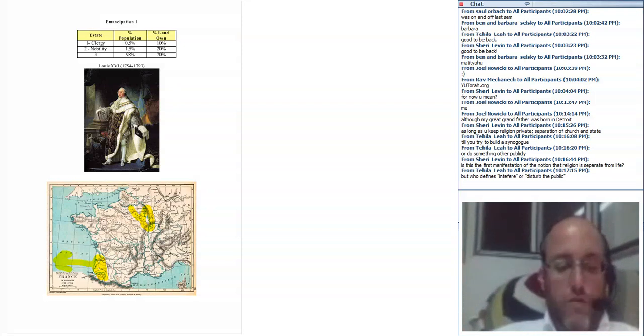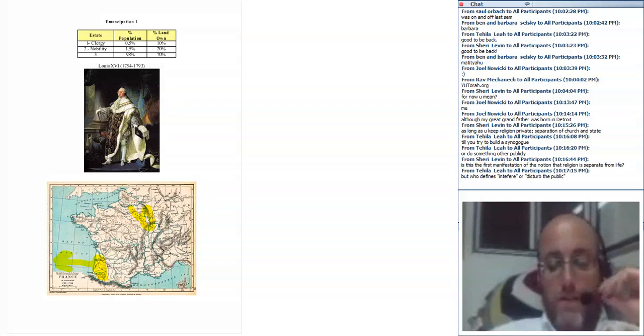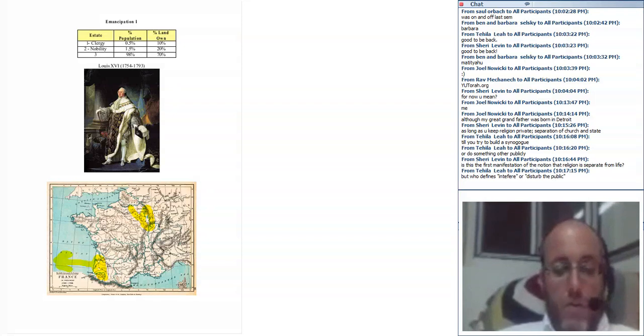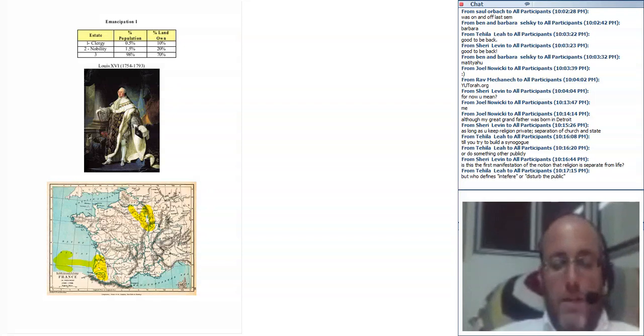The Ashkenazi community, there were about 35,000 non-acculturated Jews, and they're engaged in small-time trade. They're competitors with the French peasants.